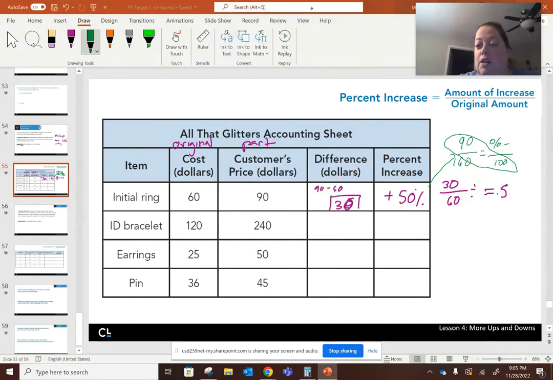Remember, an increase is the amount above 100. So 150 minus 100 leaves me with just 50. So you can see how I got the increase of 50.